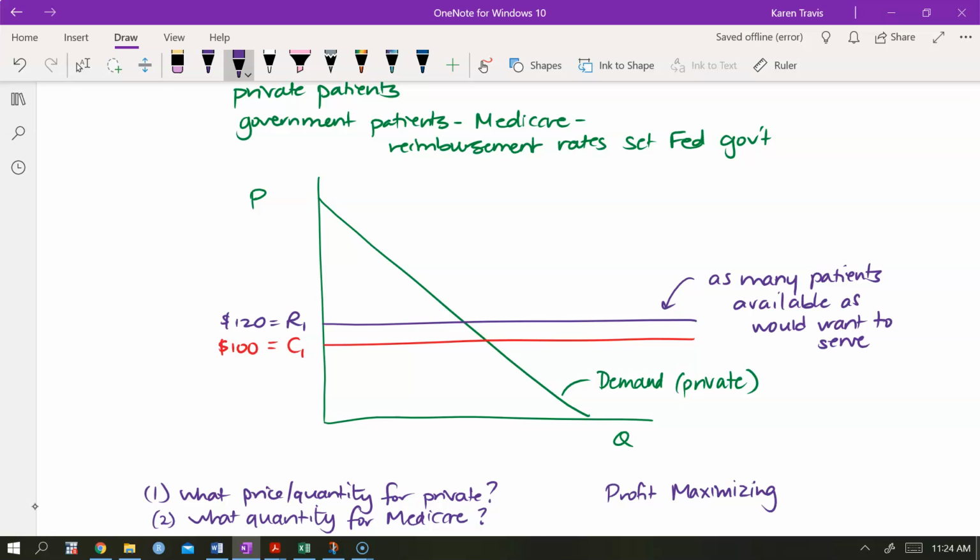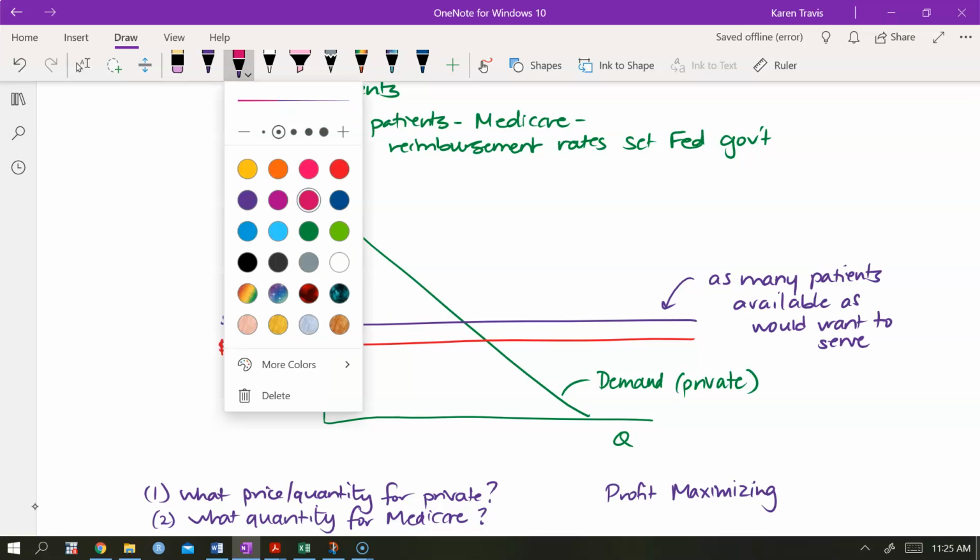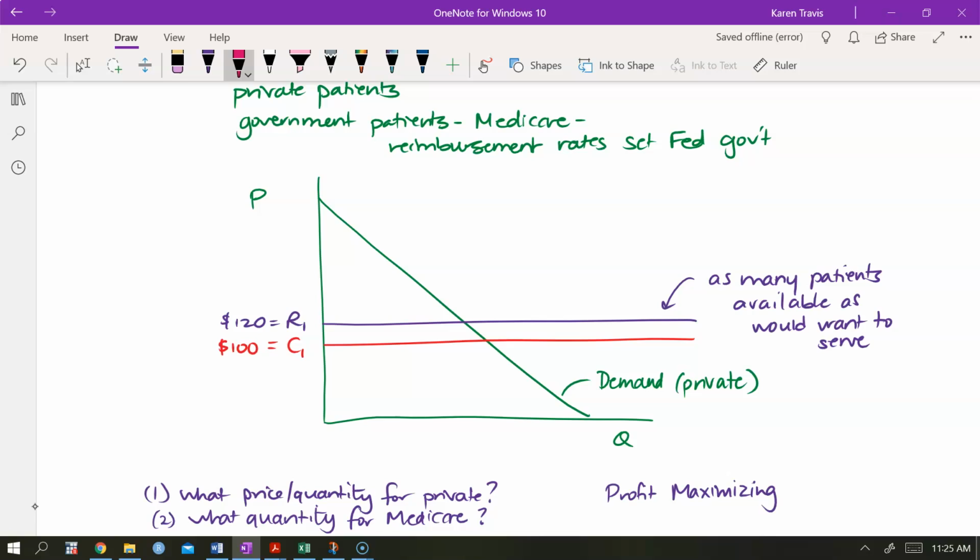Okay, so remember, when you're a monopolist, every time you try to serve an additional patient or create additional output, the only way you can sell more is to lower the price. So you are generating a different marginal revenue based on what you've chosen for quantity. So we have marginal revenue for the monopolist.